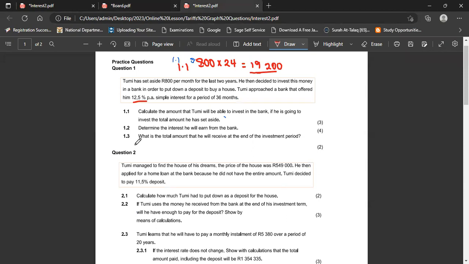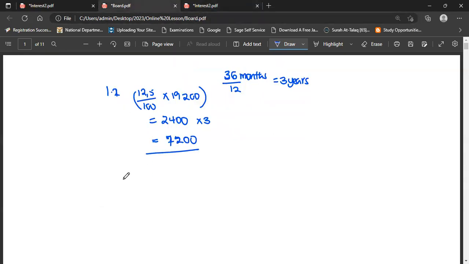We look at 1.3. What is the total amount that he will receive at the end of the investment? Remember, the investment is going to last for 3 years.